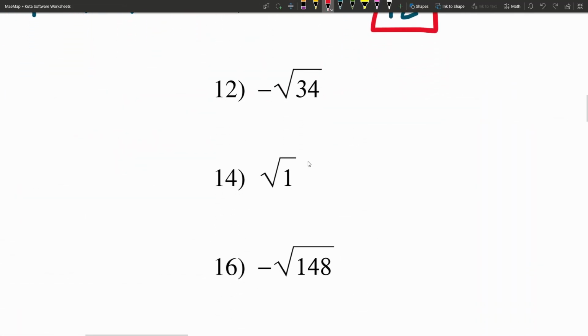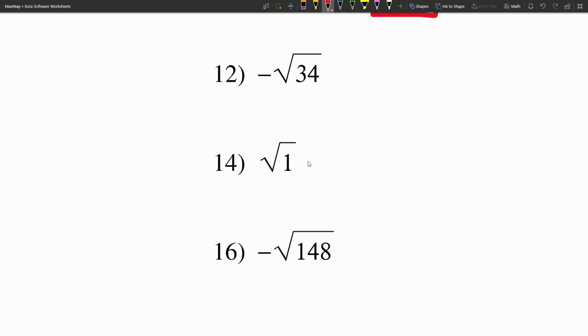Moving on to number 12, again we have a negative, and it's out in front, so we know that ultimately our answer is going to be negative. But what whole number are we going to get? Well, 34 falls between 5 squared, which is 25, and 6 squared, which is 36. Which one is it closer to? It's closer to the 36.